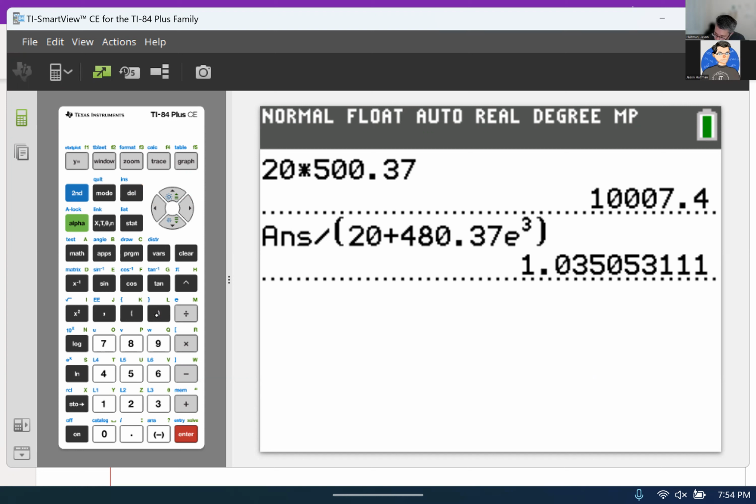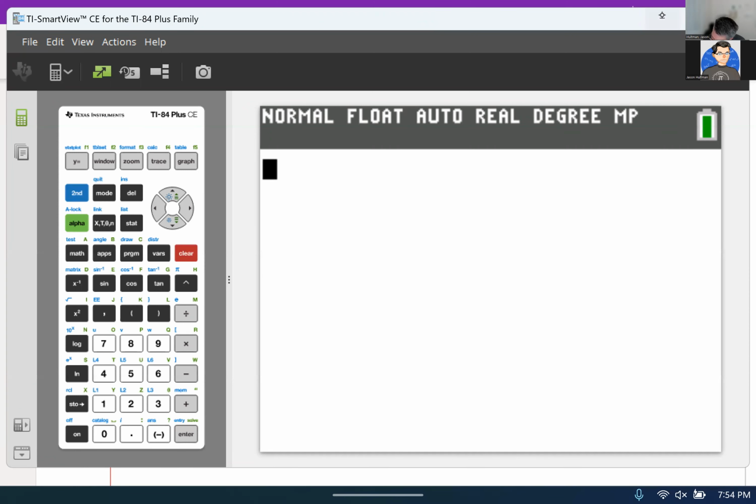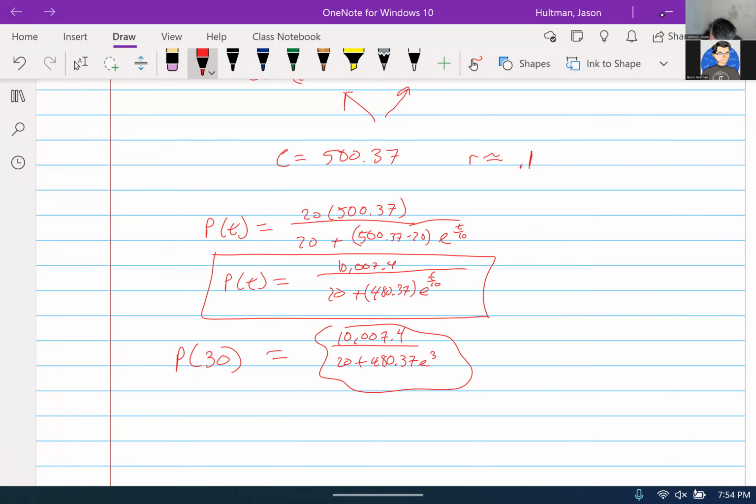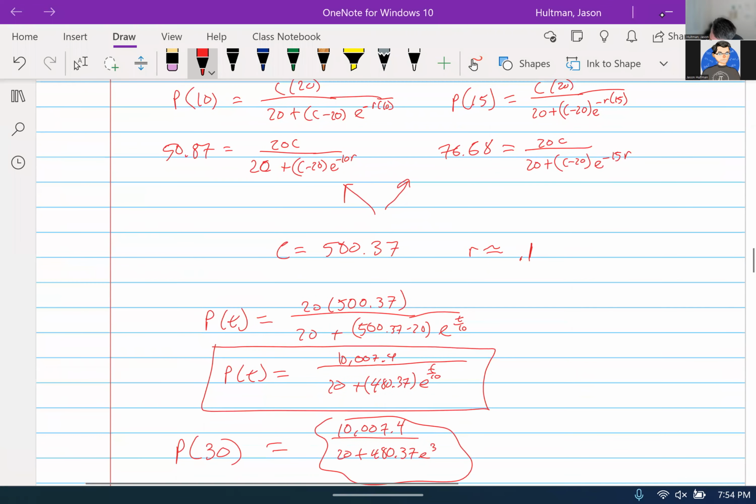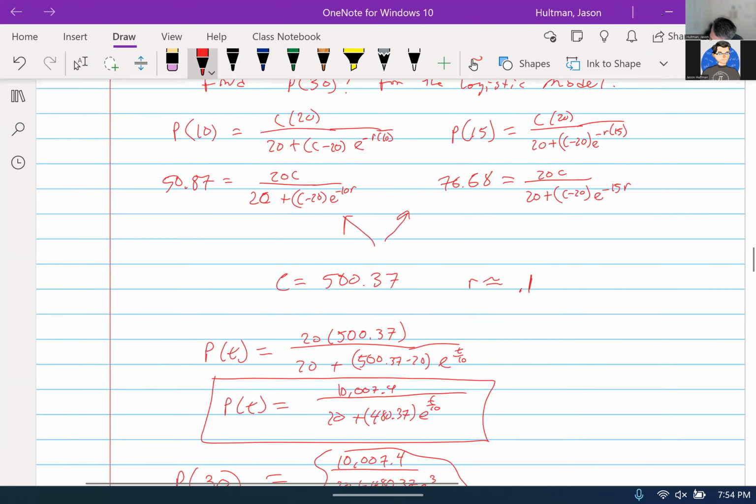Oh, it should be negative 3. I'm sorry. Why? R is 0.1. Let's go back and see why this is. It's a negative R. That's right, so that should be a negative.